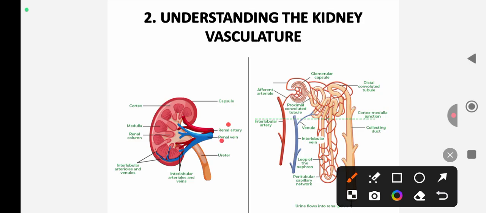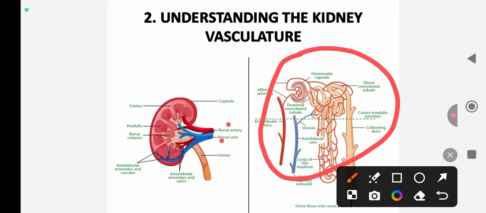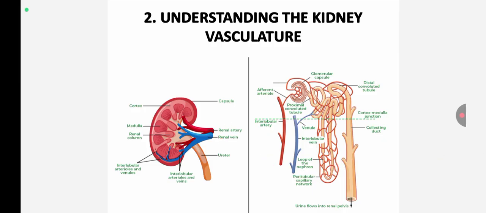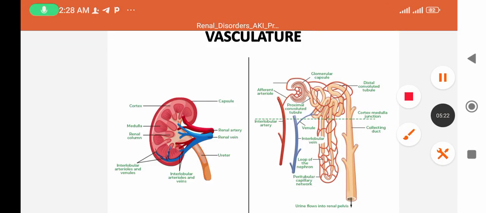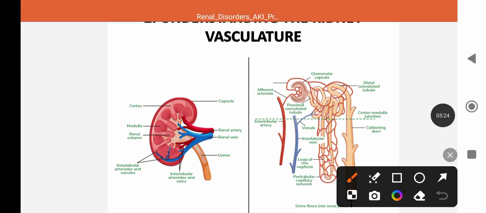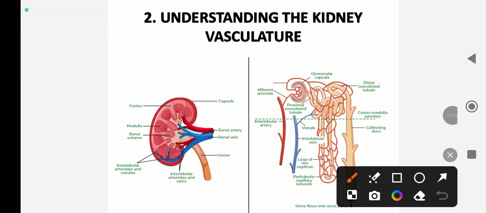Now looking at it microscopically, because the nephron is the functional unit of the kidney, we have this diagram over here. Let's look at it very well. From the renal arteries, you have the afferent arterioles.